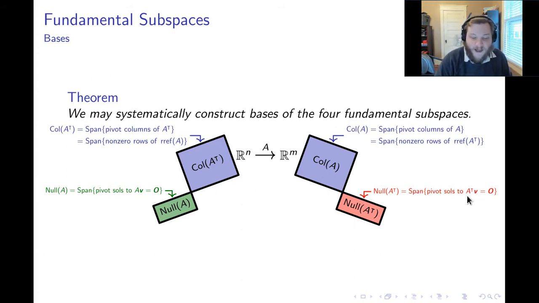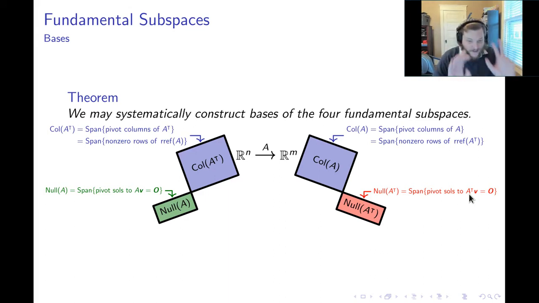I'm studying A transpose times v equals the 0 vector. So if I want a basis for the left null space, I need to row reduce the transpose of my matrix and look at the equation A transpose times v equals the 0 vector, write the dependent variables in that system in terms of the free, and then look at the pivot solutions that pop out of that process.